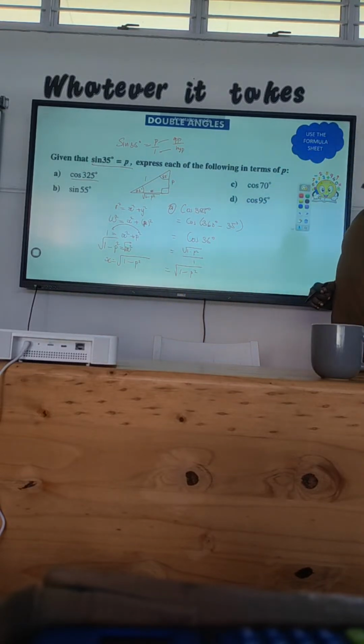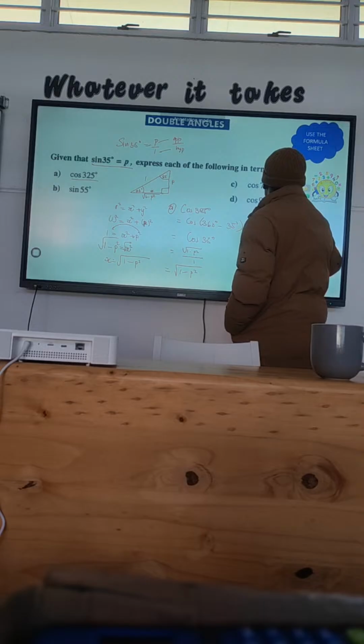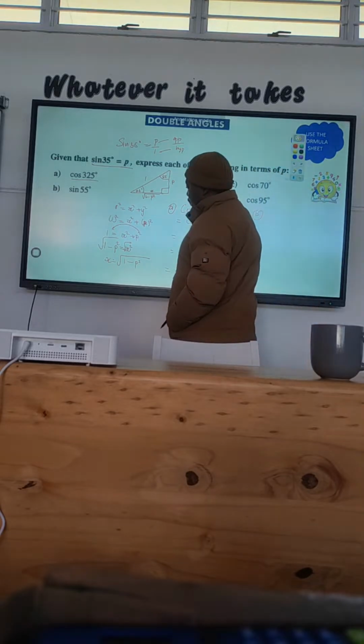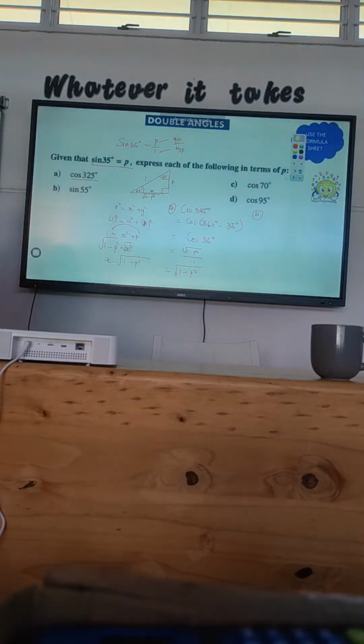Make sense? Now try B, C, and D. Now that we have a triangle. Try B, C, and D.